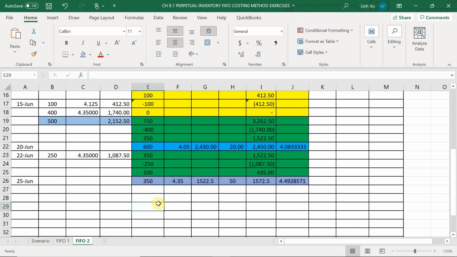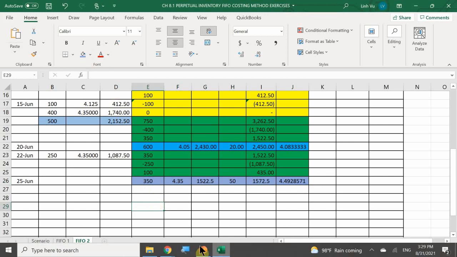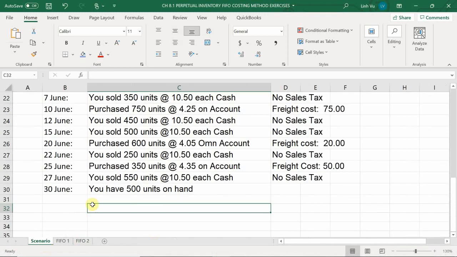All right. So, let's go ahead and see what was the very last thing that we did. We sold a total of 550 units. So that means by June 30th, we should have a total of 500 units left on hand.